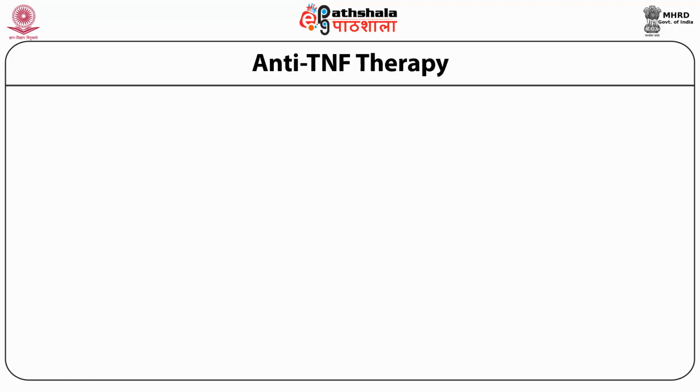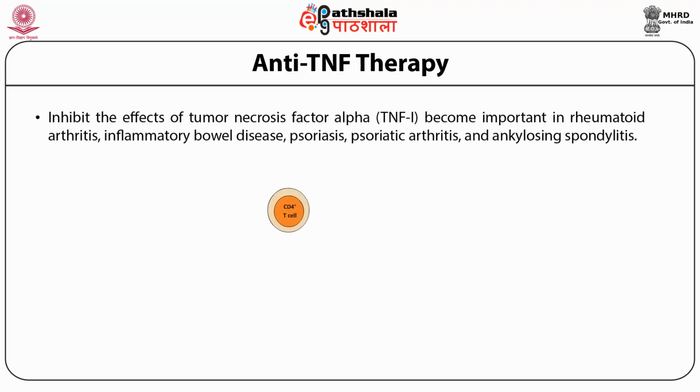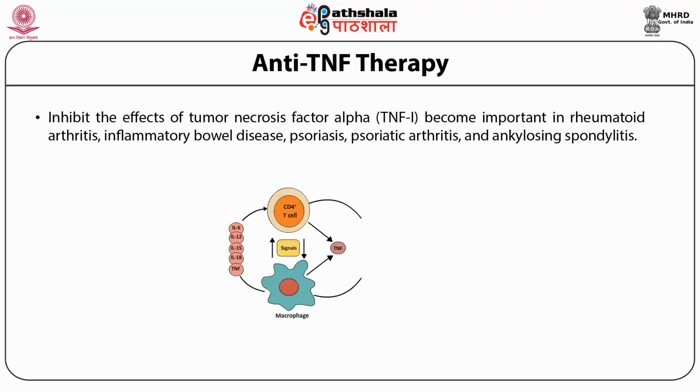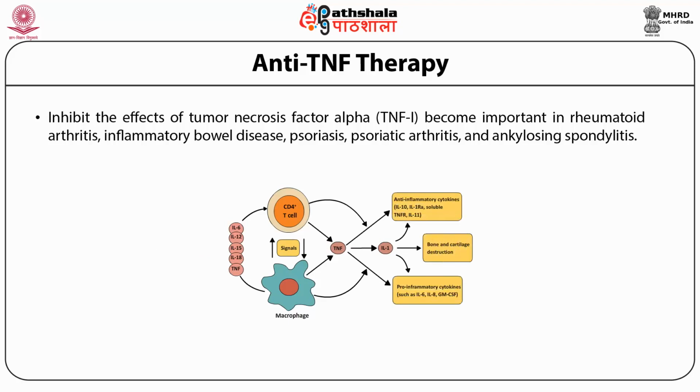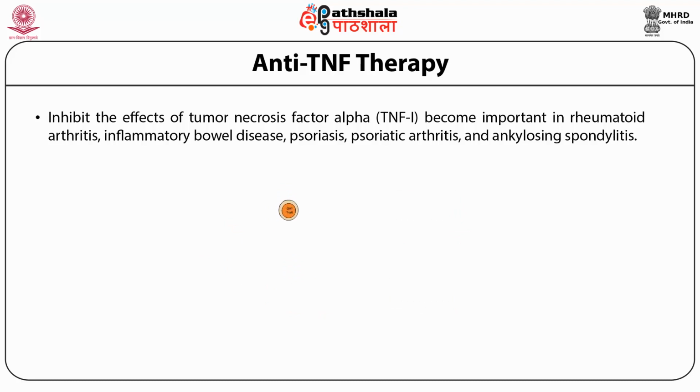Anti-TNF alpha therapy. Anti-TNF alpha therapy inhibits the effect of the tumor necrosis factor cytokine. It becomes important in diseases like rheumatoid arthritis, inflammatory bowel disease, psoriatic arthritis, and ankylosing spondylitis. Anti-tumor necrosis factor agents have been the first line of treatment for moderate to severe ulcerative colitis and Crohn's disease.